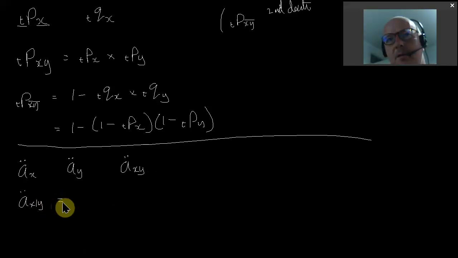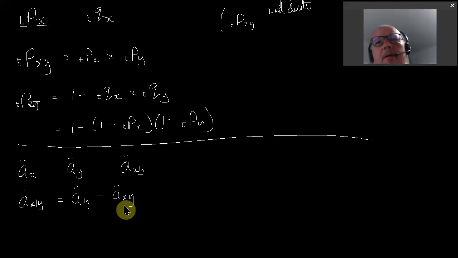Let me posit to you the following relationship. A.Y minus A.XY. If you say, well, that's obvious, then there's a 10% chance you're very, very clever and a 90% chance you are jumping the gun.